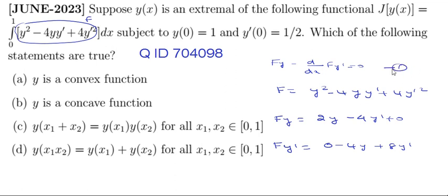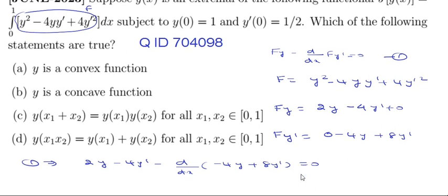Let it be equation 1. So equation 1 implies 2y minus 4y dash minus d by dx of f_y dash, which is minus 4y plus 8y dash, equal to 0.